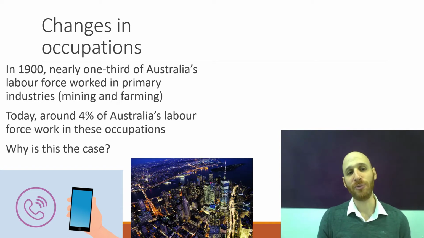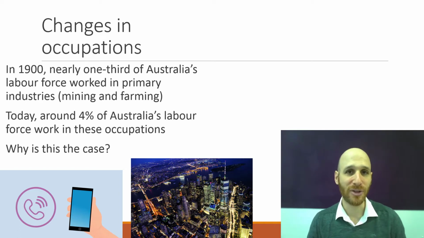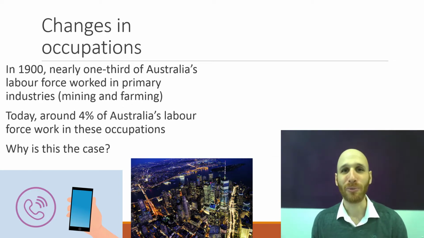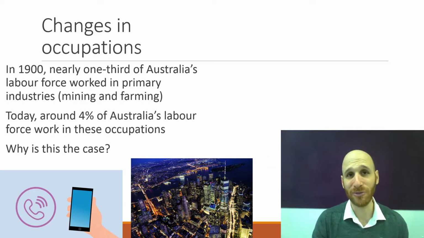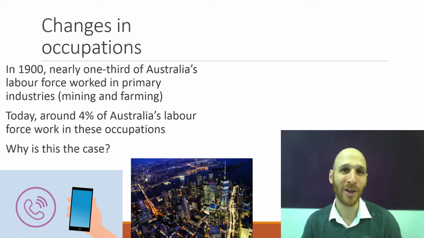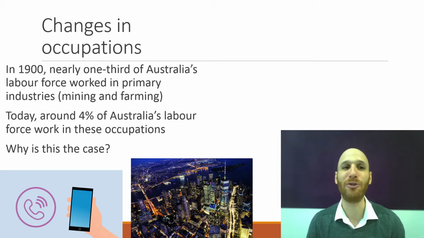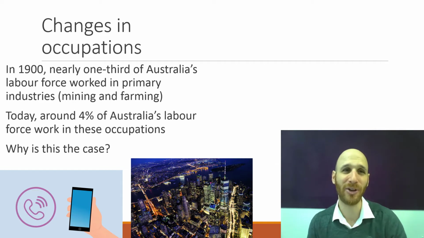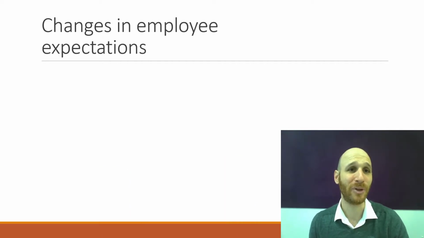The other reason why Australia's nature of work has changed is that more people have moved from regional and rural areas to the cities, so they have shifted where they live from places where primary industries used to be big to now the cities, which are more focused around tertiary industries. So these are reasons why the types of occupations that Australians do has changed.